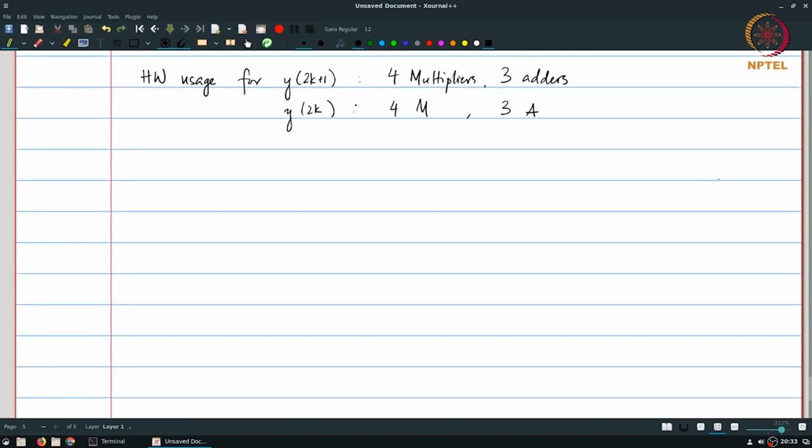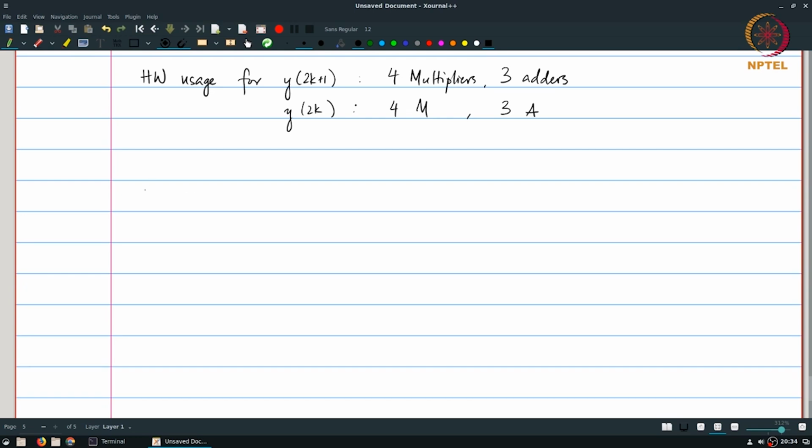The way that we'll go about it is as follows. I'm just going to draw the final architecture, but what you will be able to see is that once you see the final architecture, you can then reverse engineer or understand exactly what was the motivation behind that architecture and how it came about. In other words, it's not something that came up by magic. It's more of an observation or an insight into the structure of the filter that we make use of in order to implement things like this. So what is this architecture?